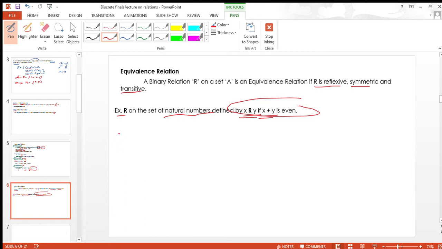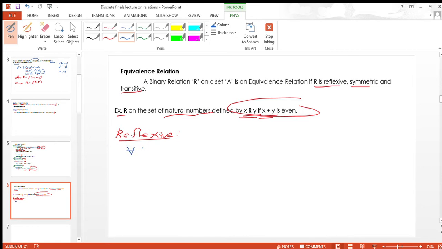Therefore, if we will now verify if this is an equivalence relation, we have to test the reflexive property. And according to the reflexive property, what do we need to show here?